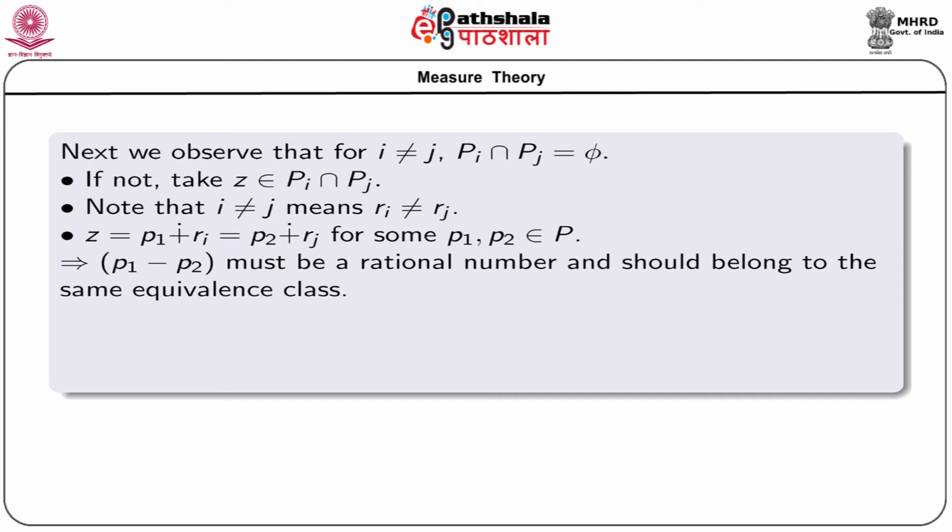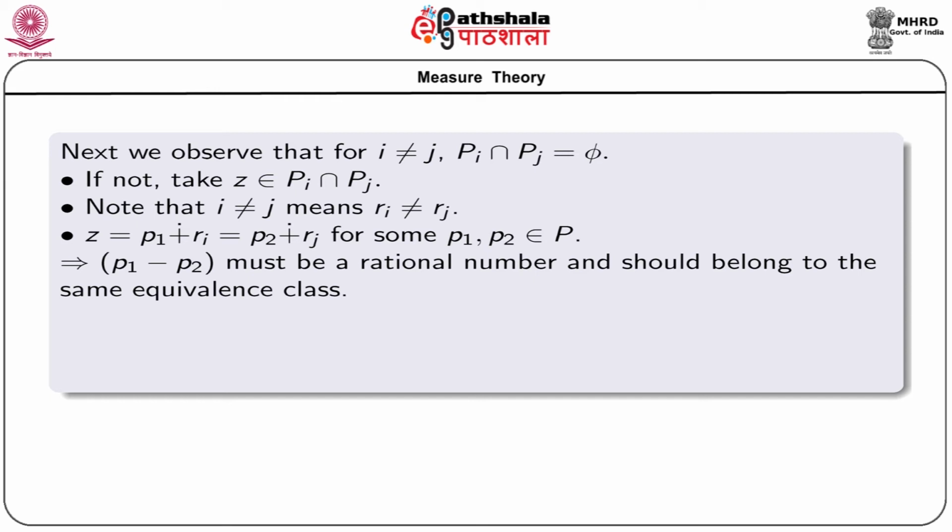So, in any case, since ri and rj are rational numbers and 1 is also a rational number, if we consider the difference p1 minus p2, then p1 minus p2 must be a rational number, and so it should belong to some equivalence class, because we have seen that two elements belong to the same equivalence class if and only if their difference is a rational number.